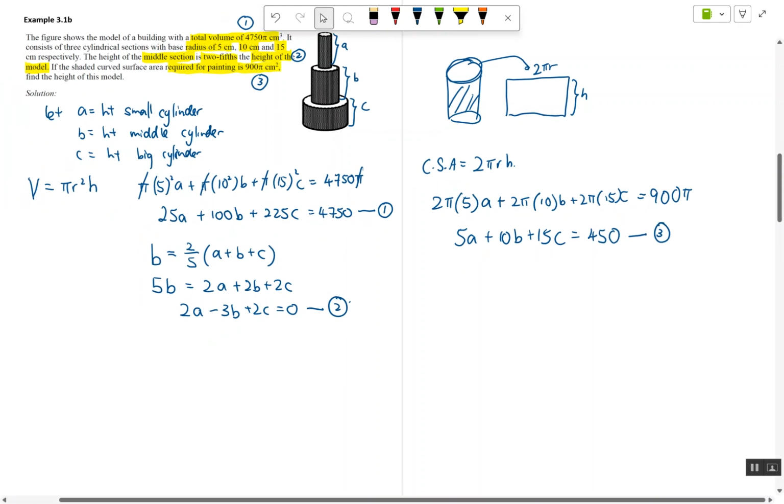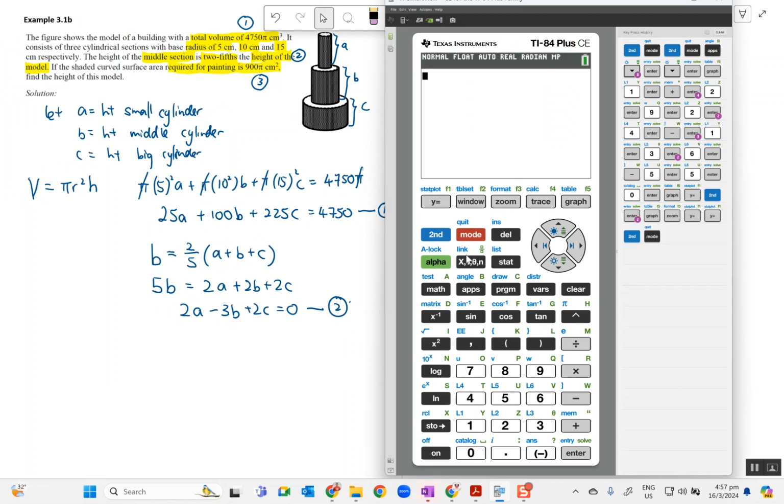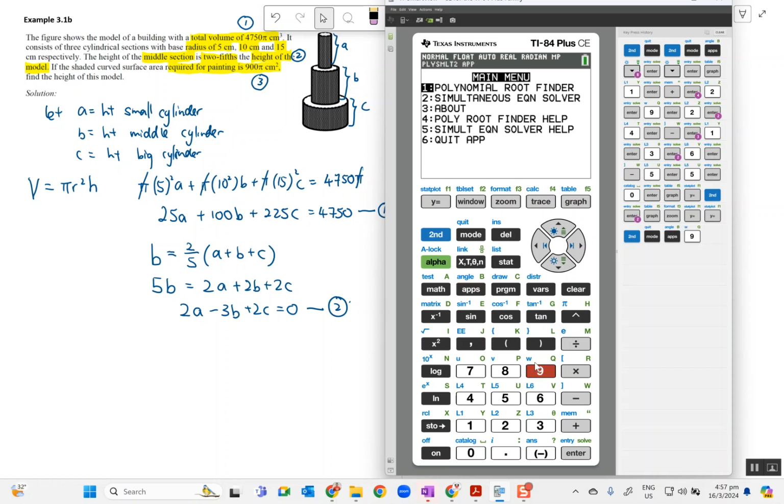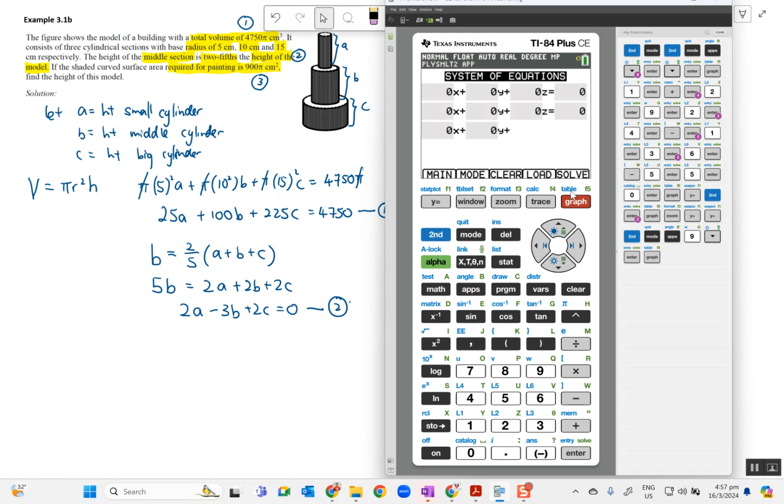Now make sure that all your variables are on the left side and the constants are on the right side. You can key this into your calculator. Remember, go to the apps function and then go to program polynomial simultaneous 2. That for me will be number 9, and then the second option, 3 equations, 3 unknowns, press next. The first one will be 25.